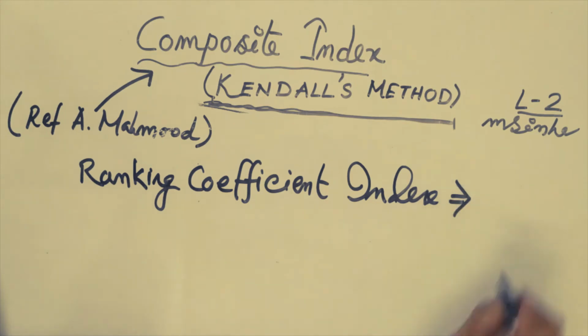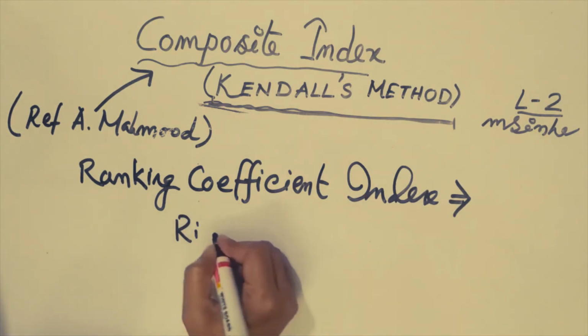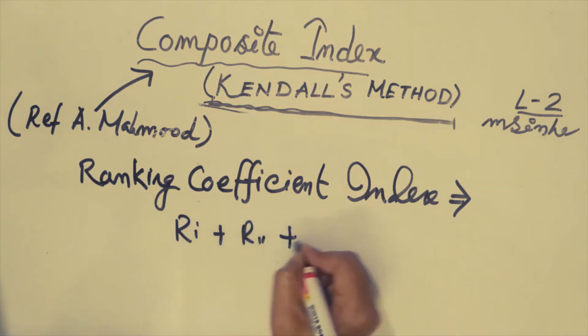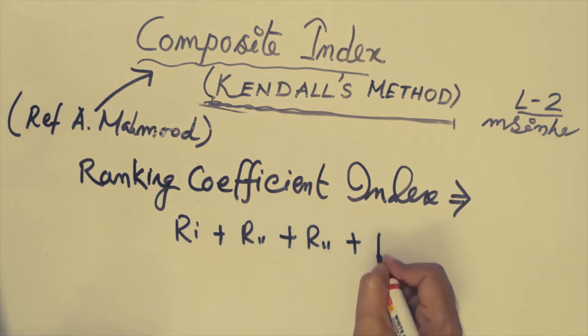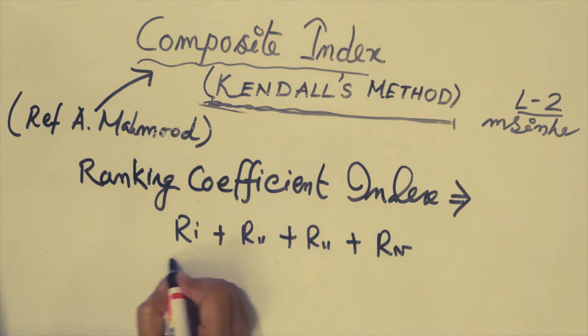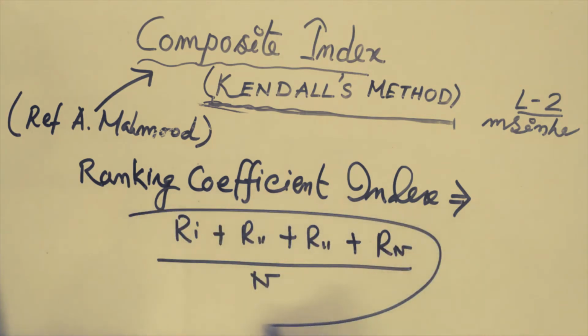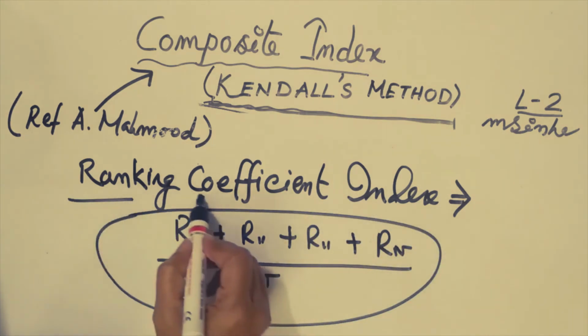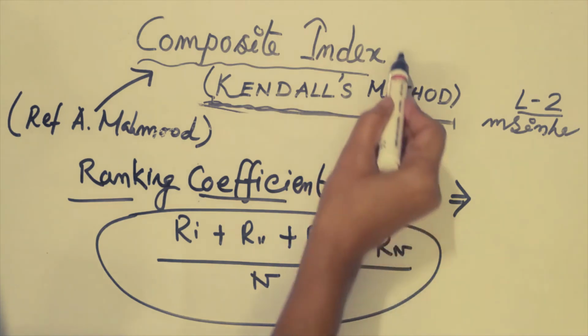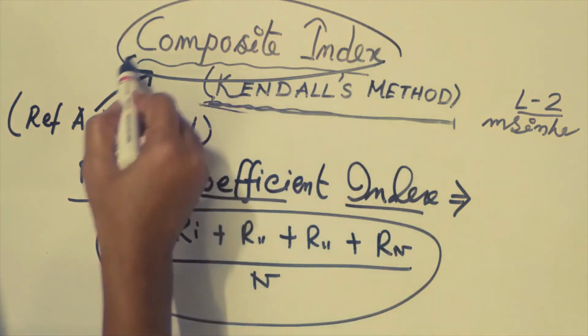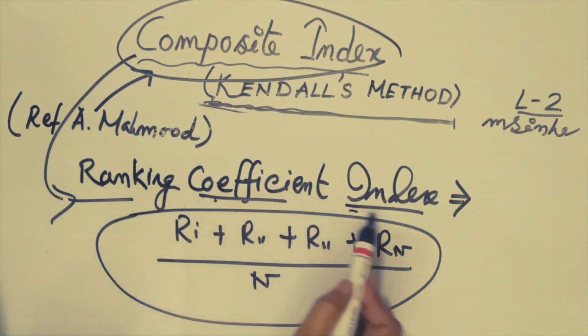So the formula of the ranking coefficient index is (R1 + R2 + R3 + ... + Rn) divided by n. Rather than composite index, it is replaced by ranking coefficient index.